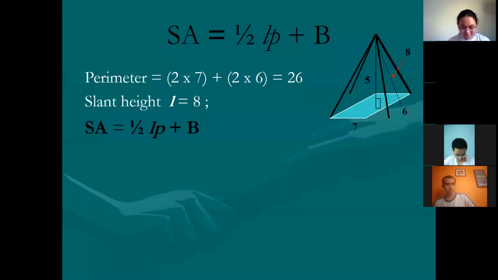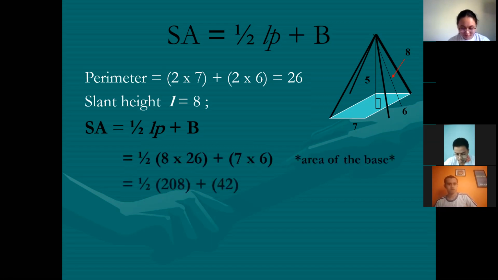We have here in this formula, the base is a rectangle. So we have length times width. And the slant height is 8. But the triangles have different sides, being a rectangular pyramid. So I think this can be done with a different solution, class. We will solve this on a different scale.